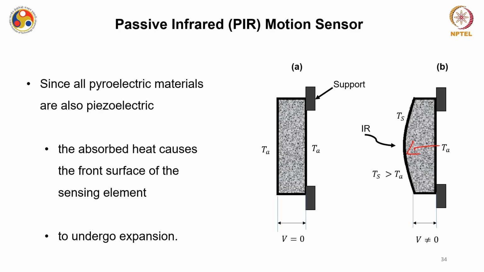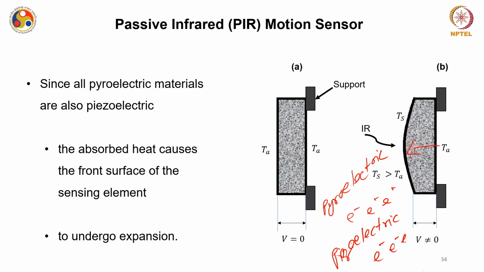Now please note that you basically have two kinds of charges. A few electrons are generated because of the pyroelectric phenomenon, and a few are generated because of the piezoelectric phenomenon. When IR radiation is incident on the surface, there is a thermal expansion.